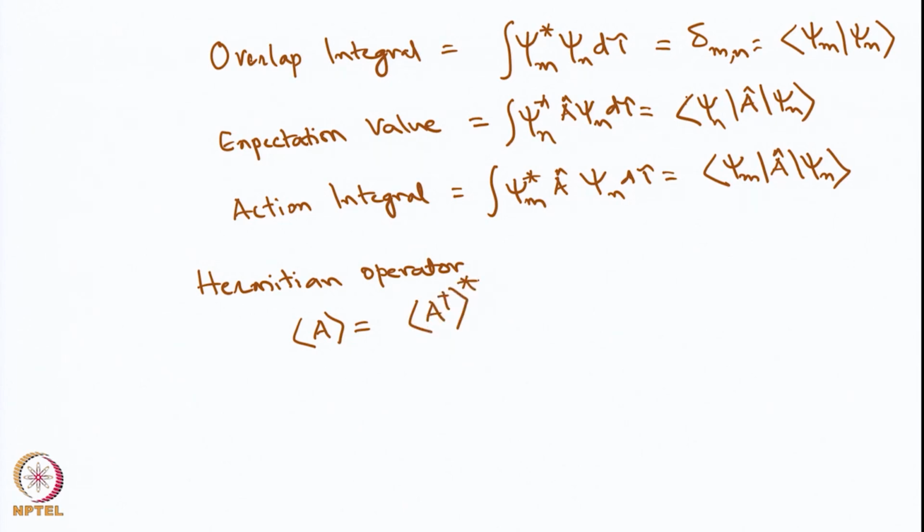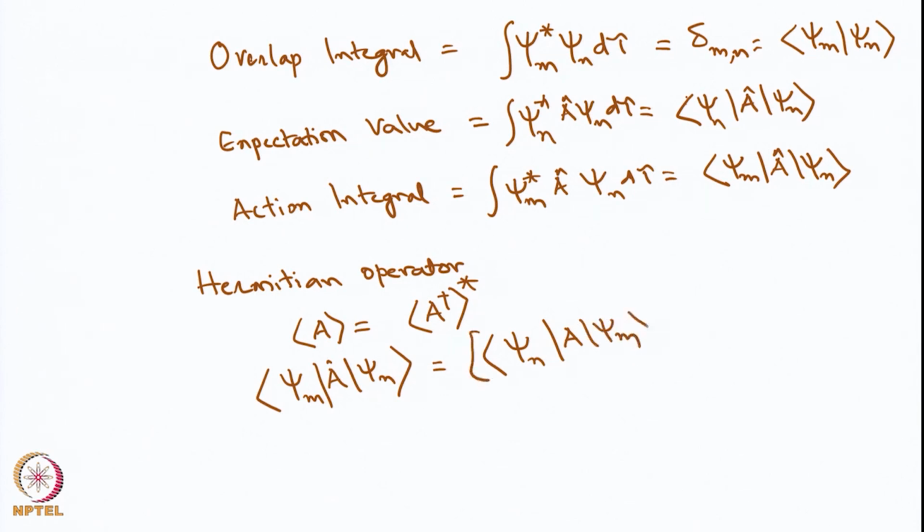In terms of integrals, one can write it as psi m A psi n equals psi n A psi m star. There is one important thing about Hermitian operators called the turnover rule.